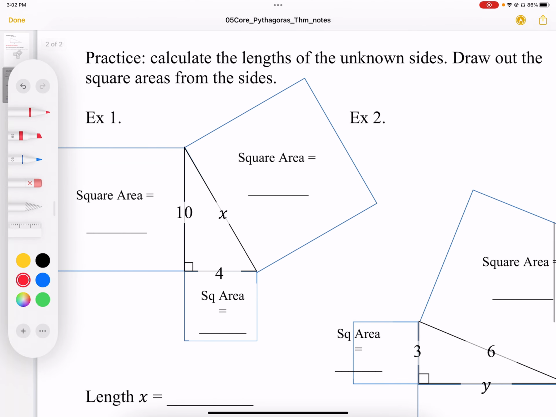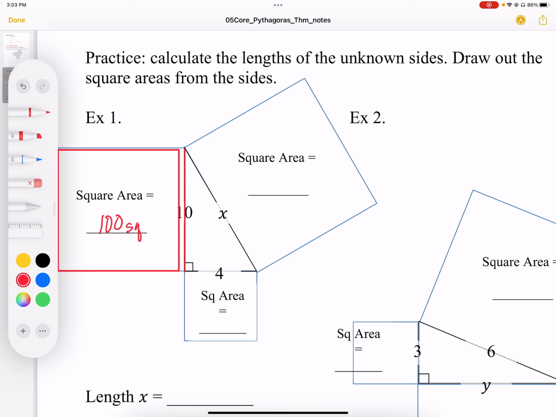So we're going to use this relationship and we can find the square areas. So if I have an edge length here of 10, well, that edge length is going to give me a square area. That square area is going to be 100 squares.